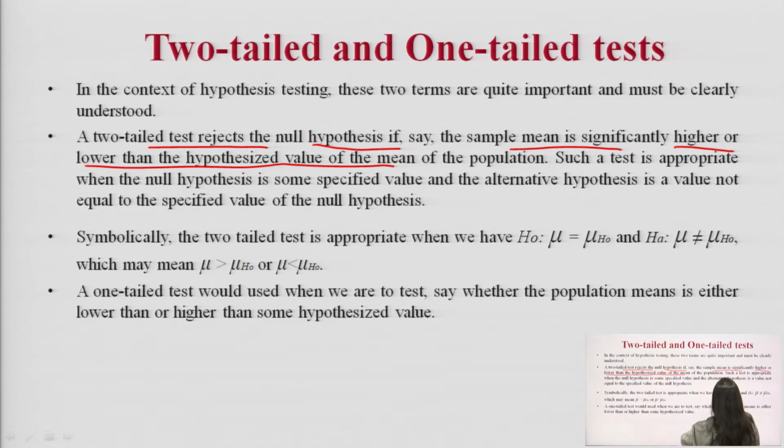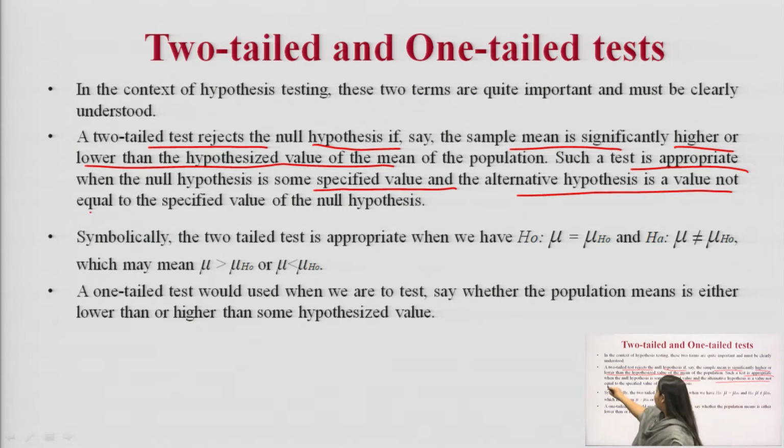Such a test is appropriate when the null hypothesis is some specific value and the alternate hypothesis is a value not equal to the specified value of the null hypothesis.